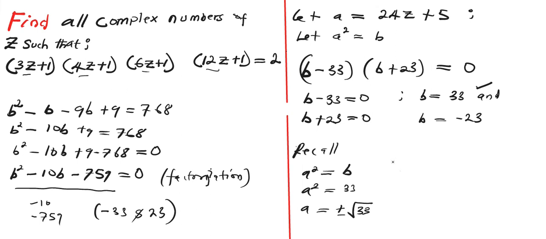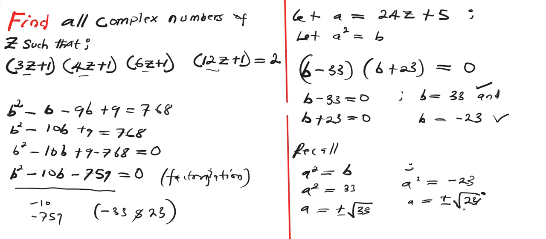In the same vein, if we consider a² to be equal to negative 23, that means a = ±√23 i, because we need to include the imaginary number since it's negative.